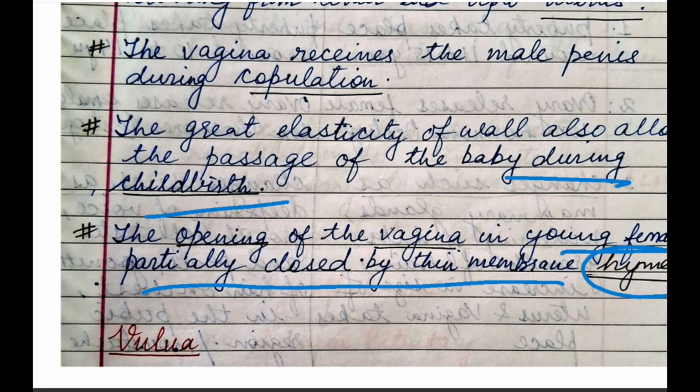A one word question can come: name the membrane in the vagina of young females. It breaks down later on.